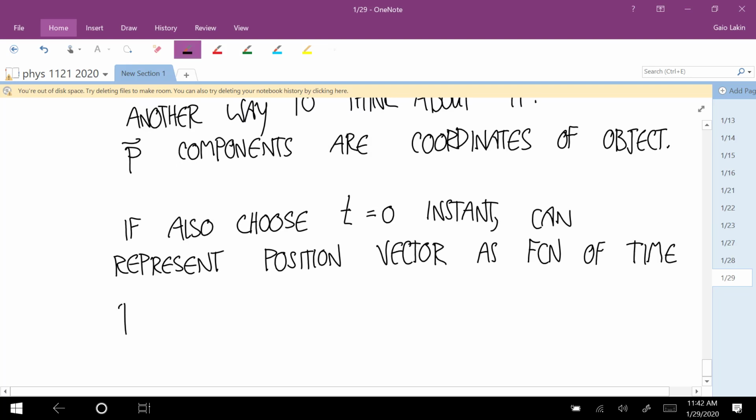And I'll write that. So there's the position vector. It's a function of time. I'm going to break this down into an x component as a function of time and a y component as a function of time.